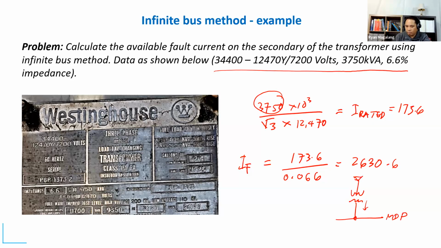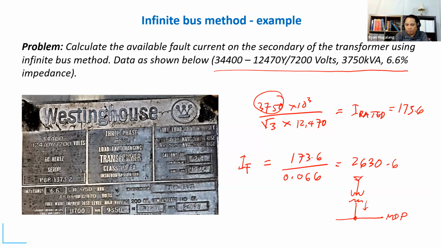You might find out that when adding your utility impedance, you only have like 1000 amps maybe. So now you're able to specify a lower rating for your MDP and for your breakers, and you could save money by doing that. You have a more realistic design.